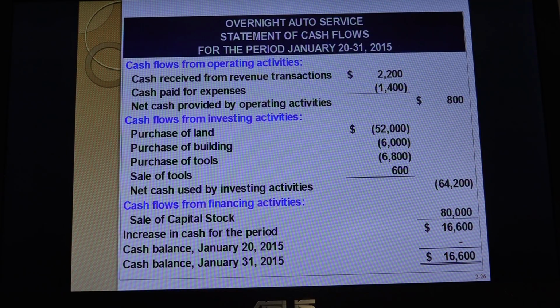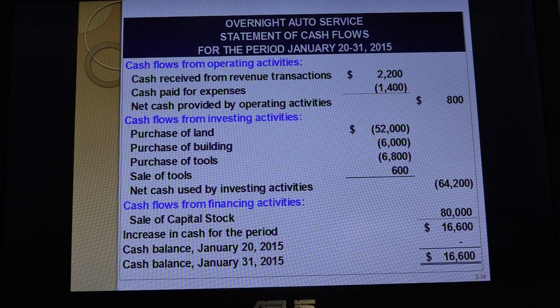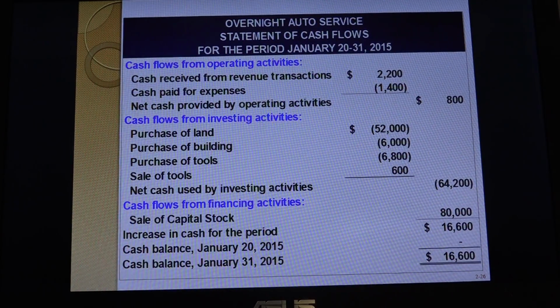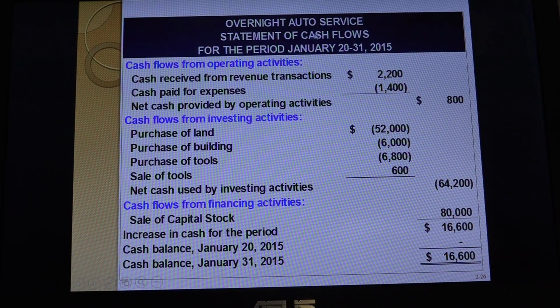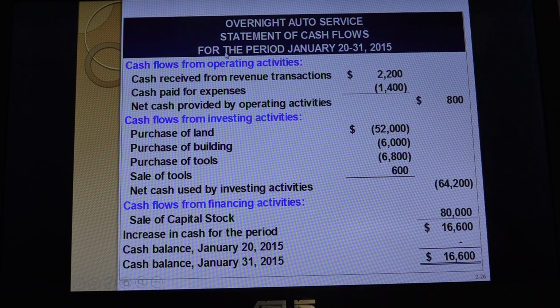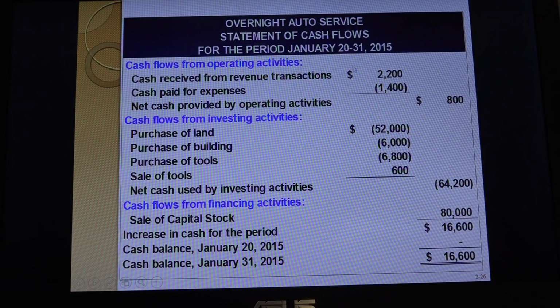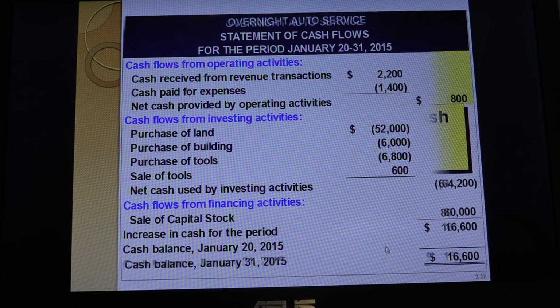Here, your cash balance at the beginning of the period was 0, so 16,600 plus 0 equals 16,600. So get used to this format, because this is standard. And note here you also have your headings as well. Notice that this is cash flows for a period of time, not like a balance sheet, which is a snapshot.